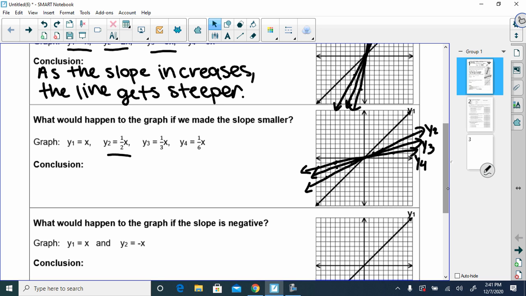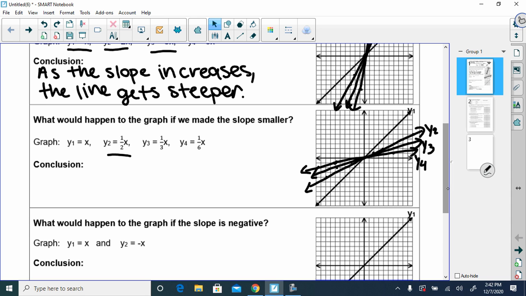Okay, so again, they're asking us to draw some conclusion after graphing these 3 lines. So I started out with y1 here, and then I graphed y2, and it was here. Then I graphed y3, and it was here, and then y4, a little below that. So what happened to my line this time? It became less steep, right? Narrow would mean a little bit closer together, which it is getting closer to the x-axis, that is true, but we would say less steep.